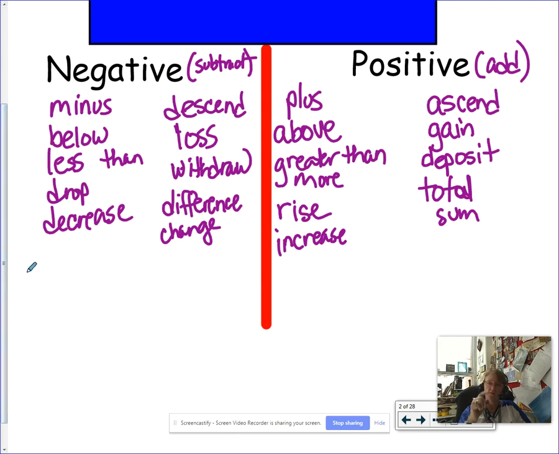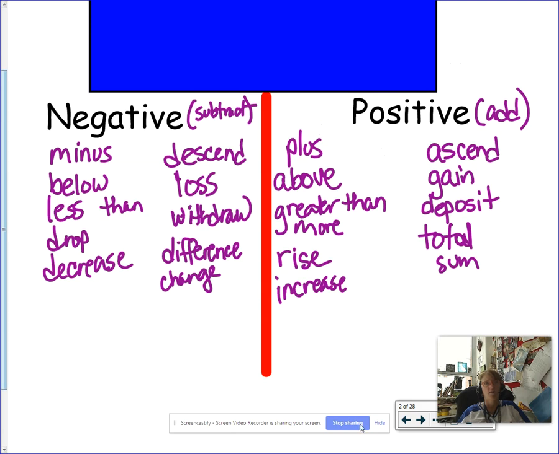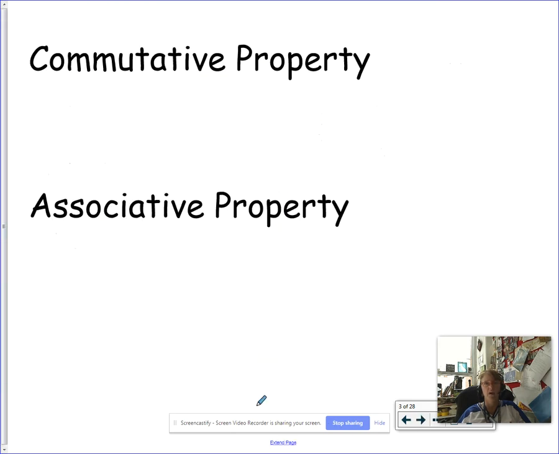You know, these are words we're going to clue into now to talk about how should we go about solving problems that have all these words in there. And when we do those, and we get a big string of values or numbers or a series of changes to something, we can employ these two properties that will help make adding and subtracting integers easier.